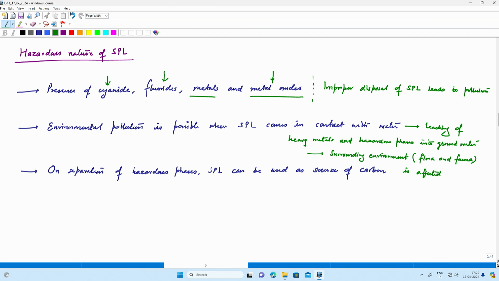So, when it comes in contact with water, we can see that cyanide phases, fluoride phases, the metallic content that may be present in SPL will be the most important phases that percolate into the environment, and these will cause hazardous impacts into the surrounding environment.